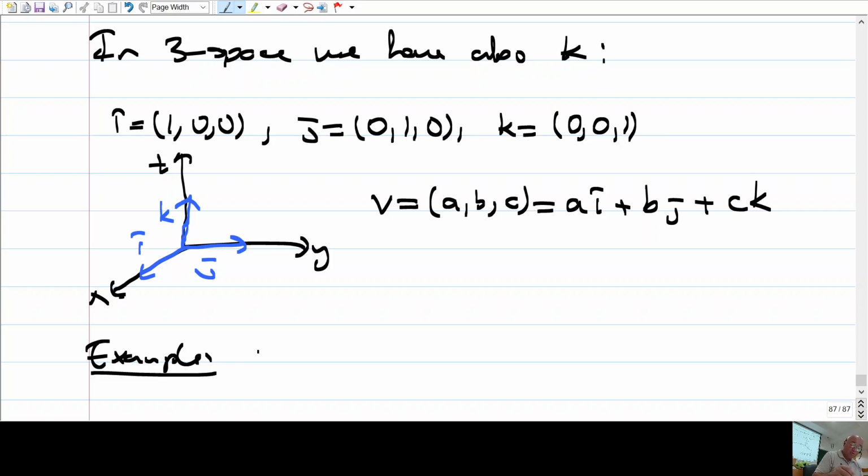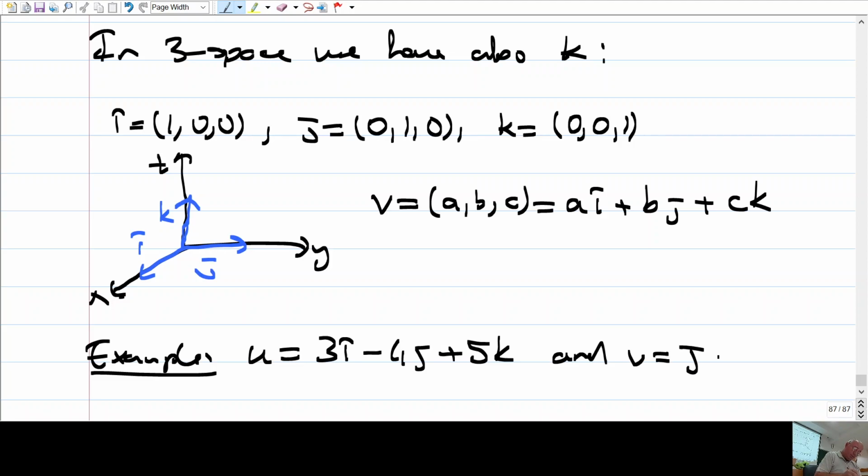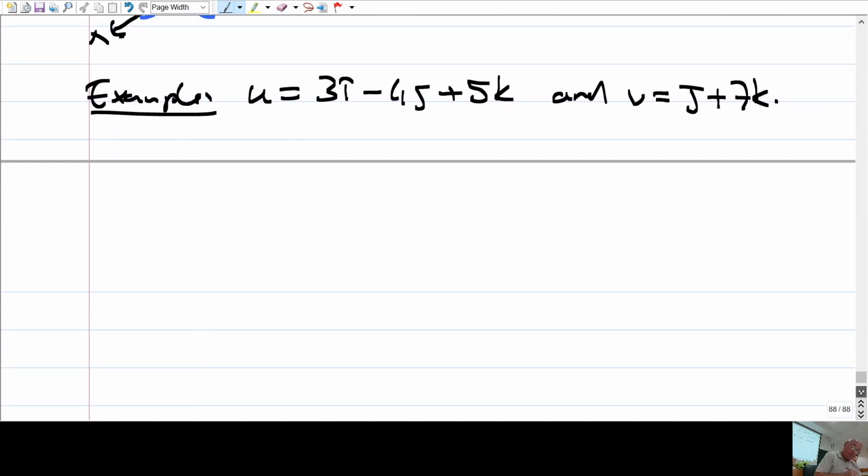For example, suppose you have vectors u = 3i minus 4j plus 5k, and v is the vector j plus 7k. Then 2u plus 4v is what?